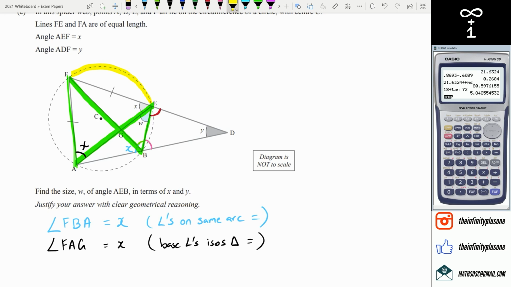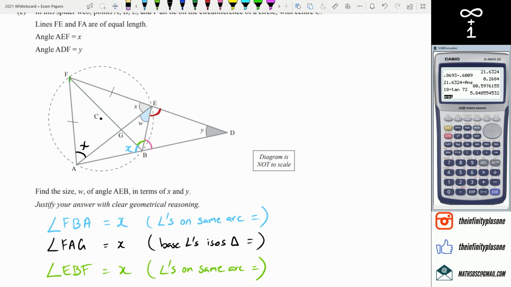I hope you can see that. So that's angle EBF, which is also equal to X because angles on the same arc are equal. I'm going to take out the green highlighted part. So I've just figured out that this is also equal to X.